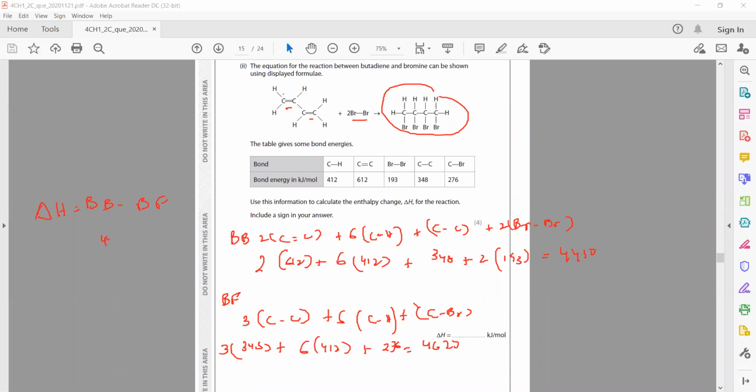So 4620 minus 4430, and when we solve, it comes out as minus 190 kilojoules per mole. So it shows that the forward reaction is exothermic.